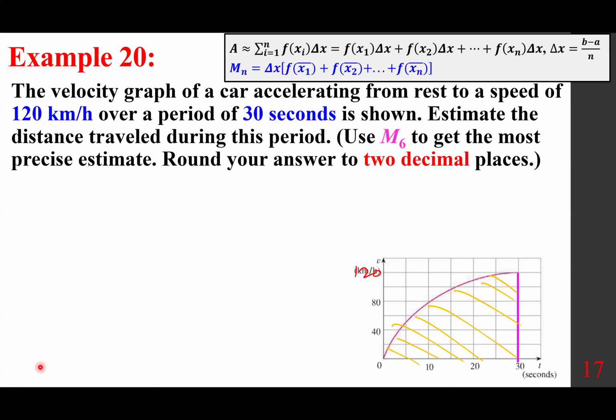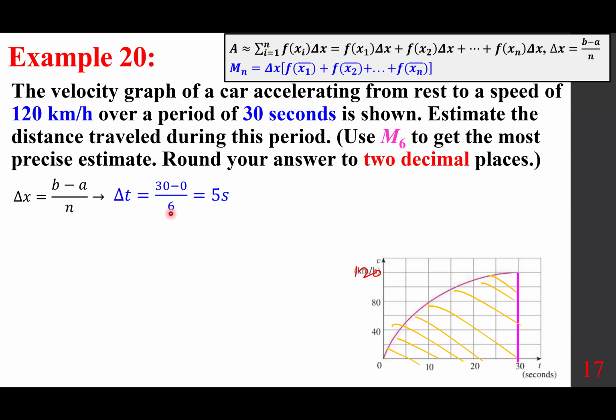B minus a over n, 30 minus 0 over n. What is n? Well, they said M sub 6. That means n must be 6. So that means over the course of 5 seconds.